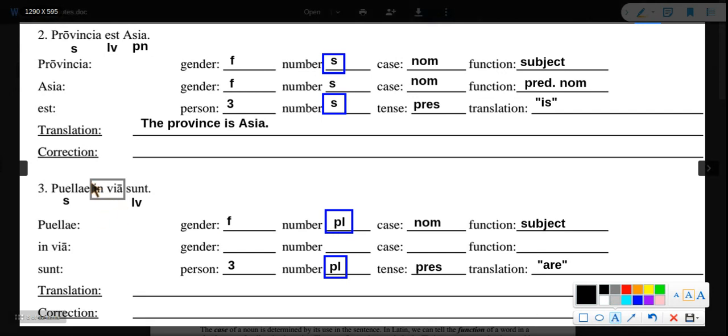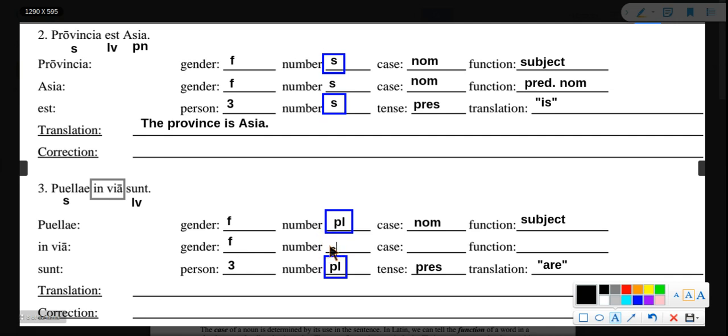Now what we have left is the in via. So we can approach this two different ways. You can recognize that that long A with the macron over it is your ablative singular ending. You could also note that in often takes the ablative, or if you put both of those together, that is the best way to approach it. So we have in via. Via is feminine.